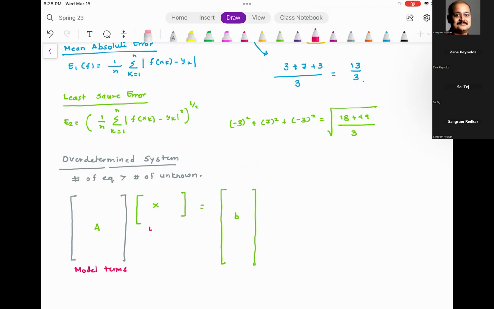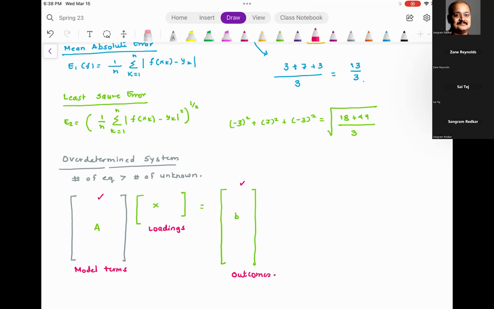These are called loadings, and these are called outcomes. So in this case, model terms are known, outcomes are known, and we have to find out the loadings.